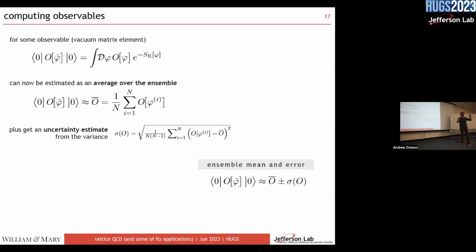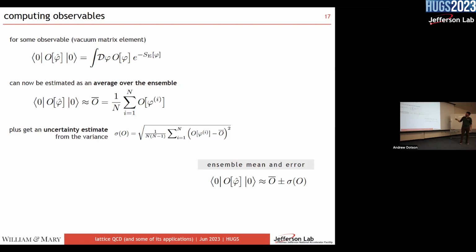So previously you saw a 2-point correlation function, right? The value of a field here, how does it correlate with the value of a field here? So roughly speaking, if you wiggle the field over here, what does the field over here do? That's what a correlation function tells you. So it's easy to compute a correlation function now, right? This is the path integral definition of that correlation function.